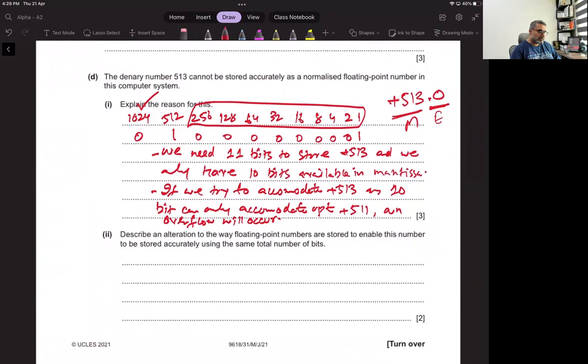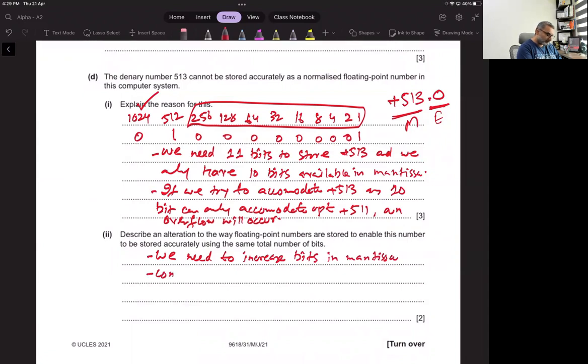Describe an alteration to the way floating point numbers are stored to enable this number to be stored accurately using the same total number of bits. We need to increase the bits in mantissa.